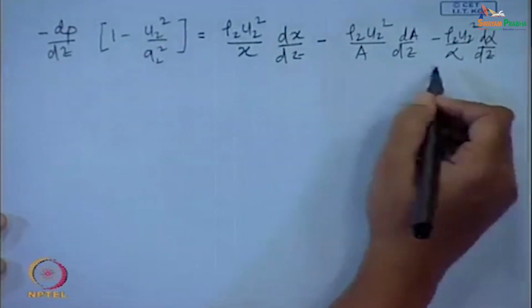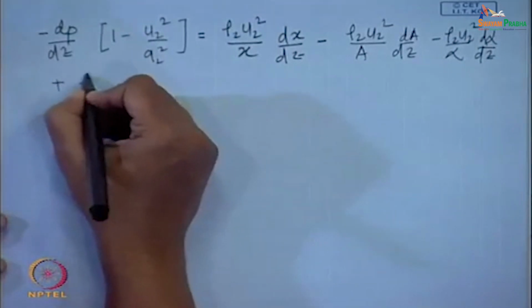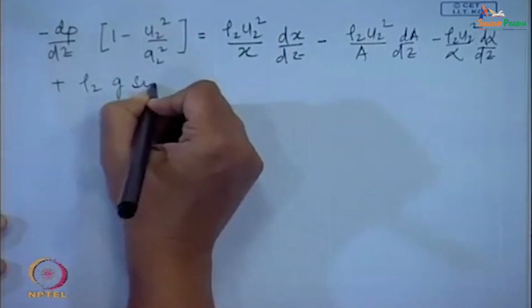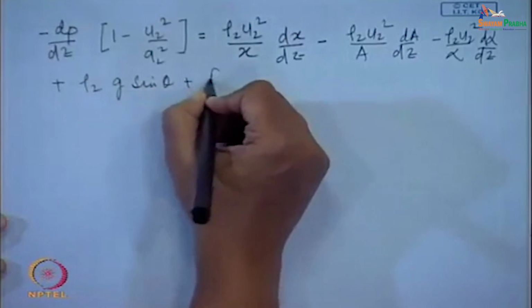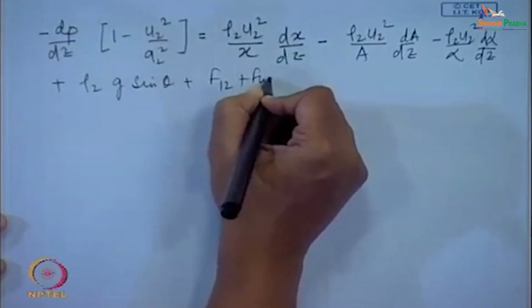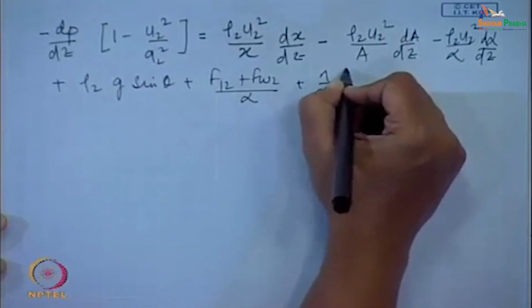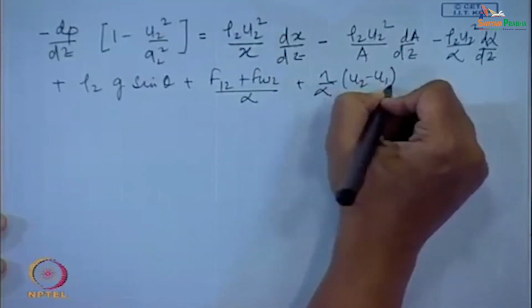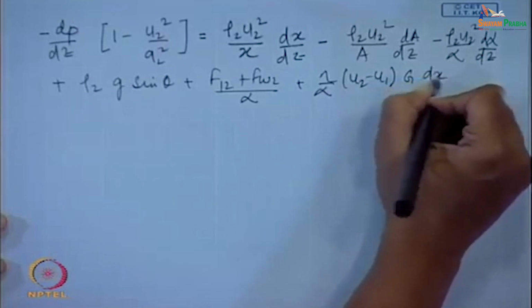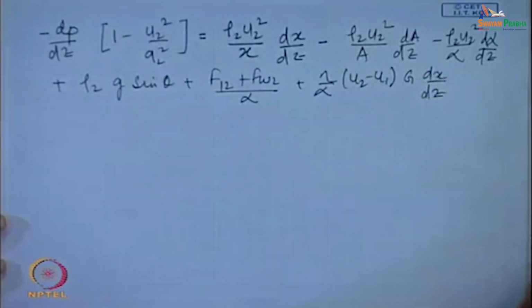Fine, I have substituted. Then the original terms which were there: rho 2 g sin theta plus f12 plus fw2 by alpha.